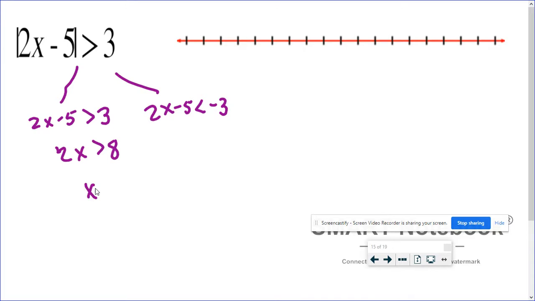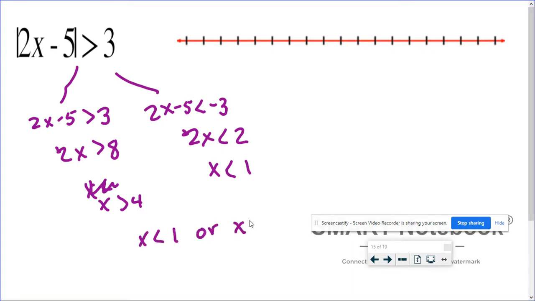Divide by 2, you get x is greater than 4. Here I'm going to add 5. So I get 2x is less than positive 2. Divide by 2 and you get x is less than 1. So x is less than 1 or x is greater than 4.